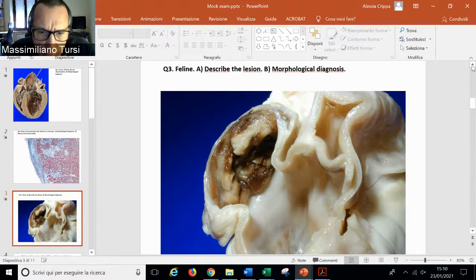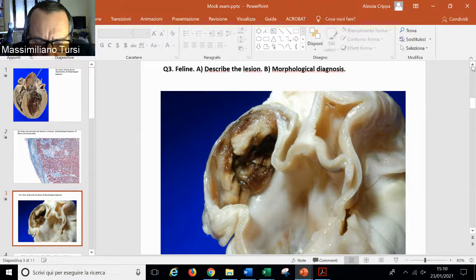Okay. We are looking, of course, at a part of the base of the heart. It's a cat, feline. And we are looking in front of us. There is a septum. And more ventrally, there is part of the atrioventricular valve. And on the left side, there is an auricle.